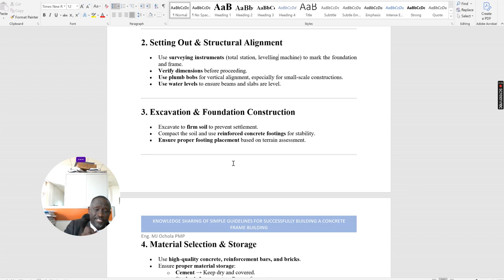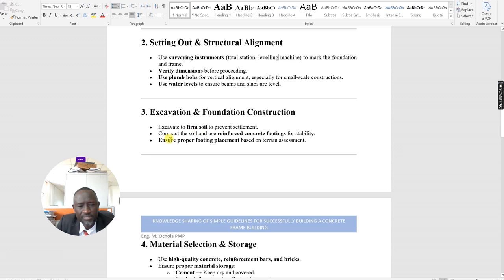Or you can transfer them slightly further, so they can easily be referenced from outside the construction area. Because how do you hand over the site if you don't know what the alignments are and have not controlled them? So it is very important that we maintain these setting out facilities and the reference points.